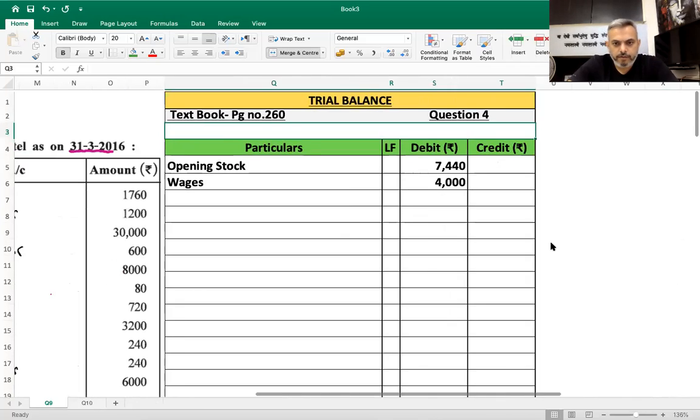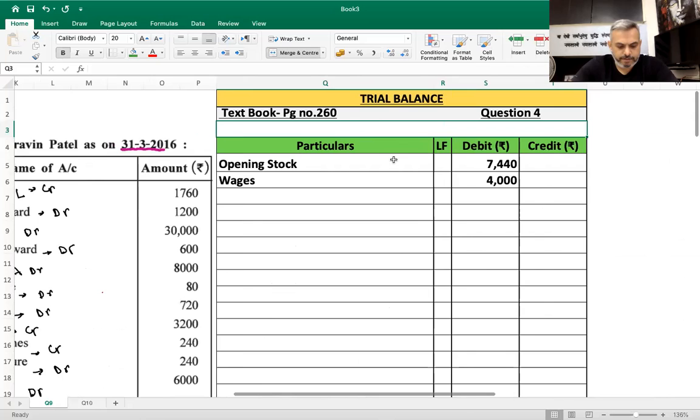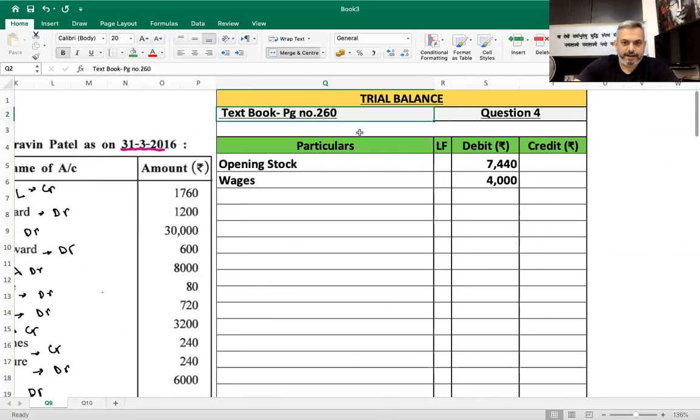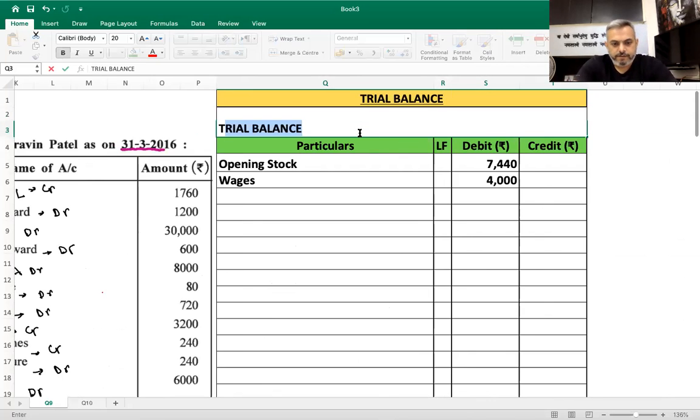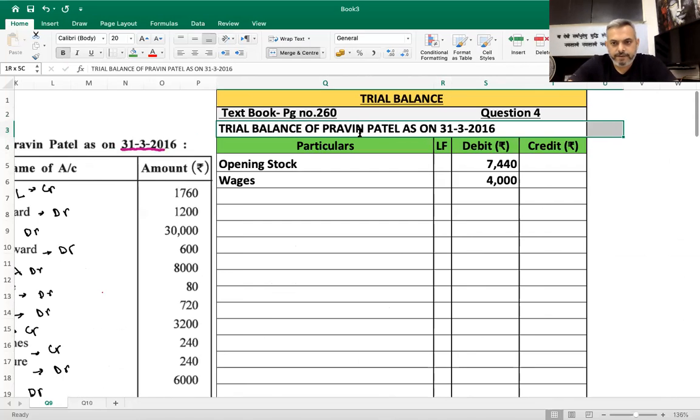Now, wages 4000. Okay, because we also have to write the heading. I forgot to write trial balance of Praveen Patel as on 31/3/2016. Please write this.